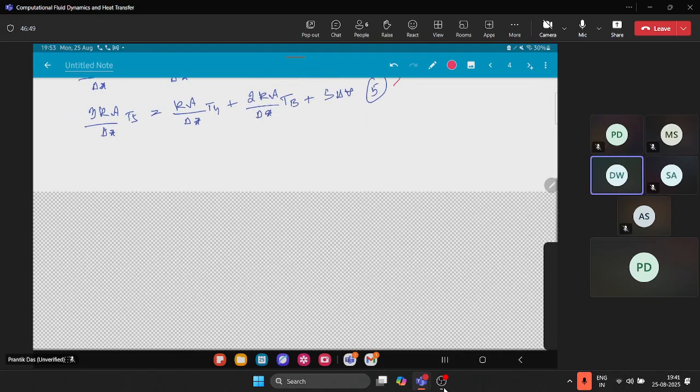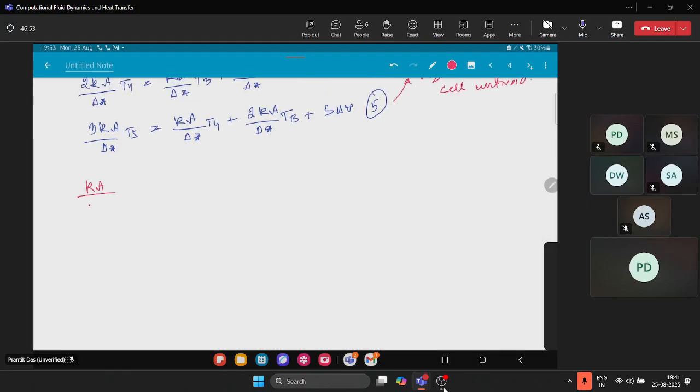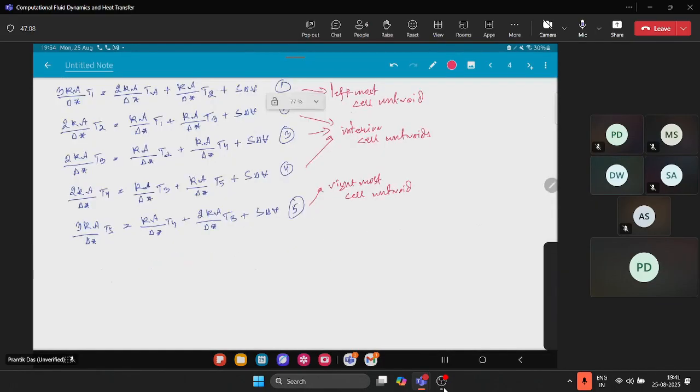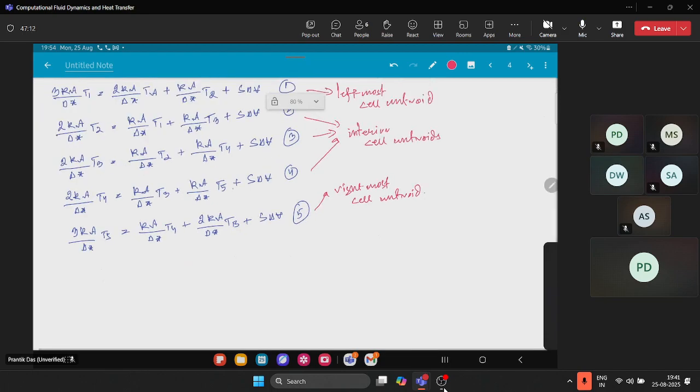Yes, sir. Okay, so now this equation actually comes to us as k by delta x times the matrix: 3 minus 1 0 0 0, minus 1 2 minus 1 0 0, 0 minus 1 2 minus 1 0, 0 0 minus 1 2 minus 1, and 0 0 0 minus 1 3.